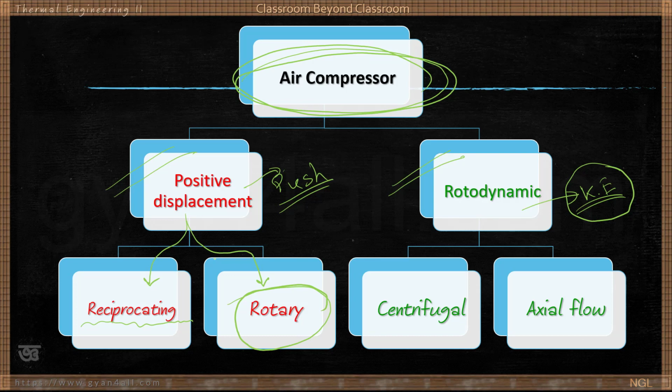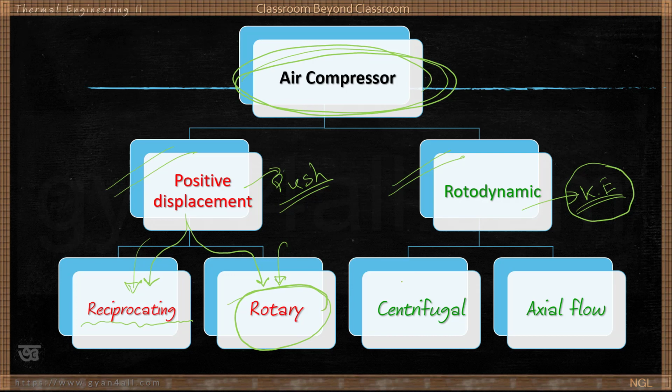The air passes through the screws and is pushed, and accordingly it will be compressed in the next stages. The movement is rotary, that is why it is called rotary positive displacement, and this other one has reciprocating movement, that is why it is called the reciprocating air compressor.